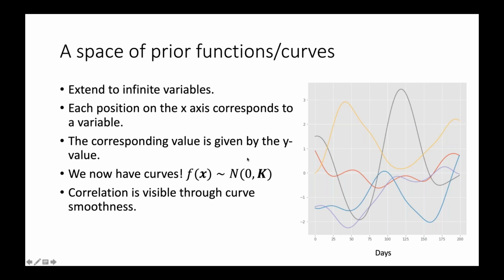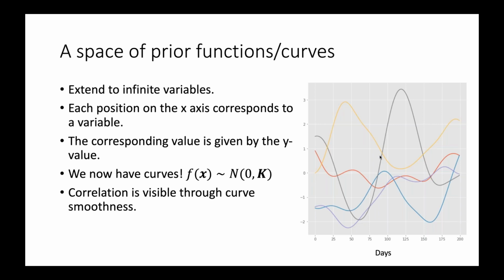And the way that we're generating each one of these curves is, once again, sampling from a multivariate normal distribution, where now we are saying that the dimensions themselves preserve some sort of meaningful order to them. And we have our covariance matrix, and the covariance matrix is the thing that's ultimately driving the smoothness, the kind of behavior that we're observing in here.